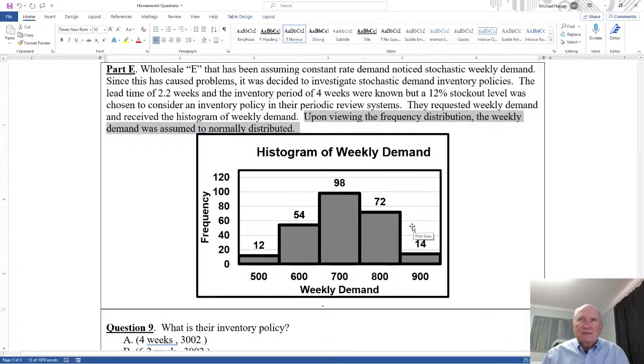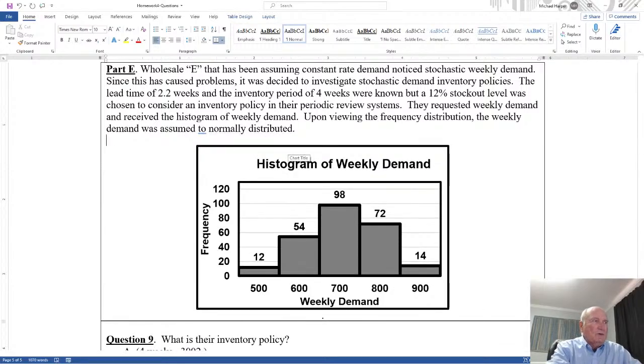Now the question is the base stock level. We're trying to calculate the base stock level. Well, what is it? It's going to be the mean times the T plus LT, plus the safety stock, which is Z times the standard deviation times the square root of T plus LT.